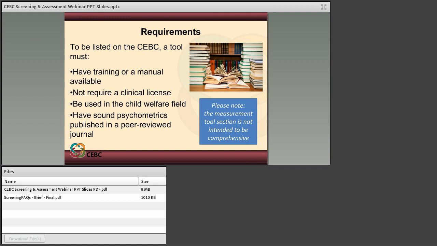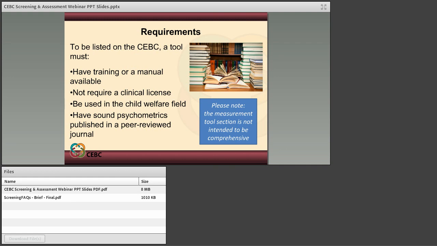The second requirement is that the tool must not require a clinical license. This is reported by the developer of the tool. The third requirement is that the tool must be used in the child welfare field. And the last requirement is that the tool must have sound psychometrics published in a peer-reviewed journal. This is what the CEBC uses to determine what the tool's rating will be.